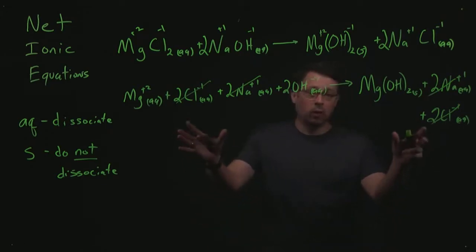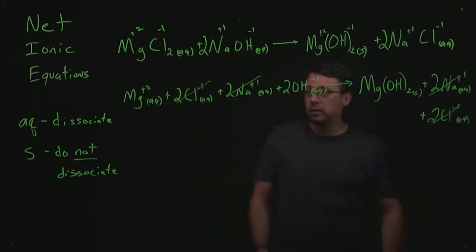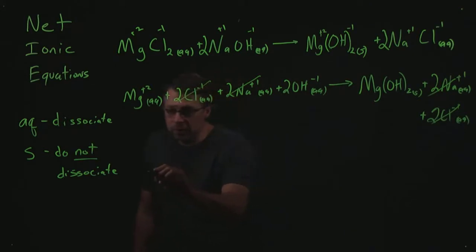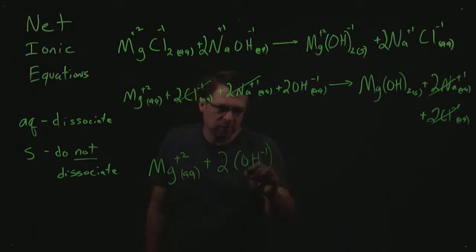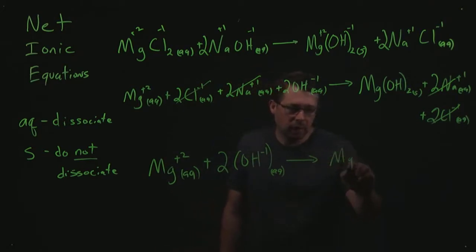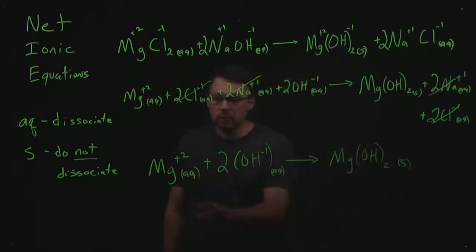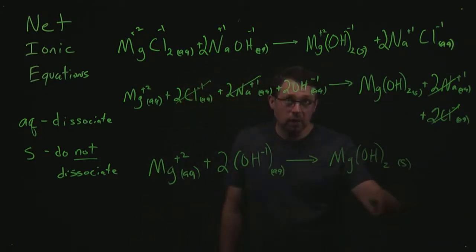They're not involved in the overall reaction, they're just kind of floating around in solution. And what I'm left with is my net ionic equation. It says that the ions that were involved in making the solid were the magnesium ions and the 2 hydroxide ions, to form magnesium hydroxide solid. This is what we call a net ionic equation, and I've canceled out the ions that weren't involved in the solid formation.